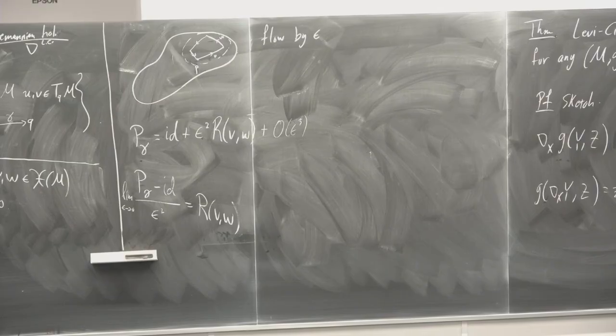I also don't know, how do you know you can just find two commuting vector fields that aren't 0 or whatever?